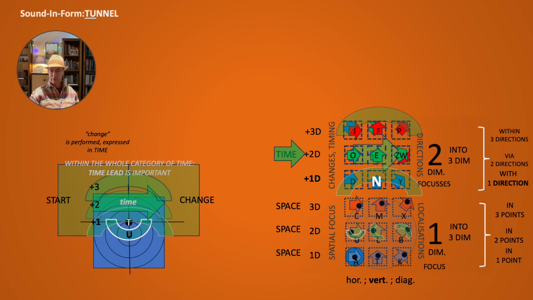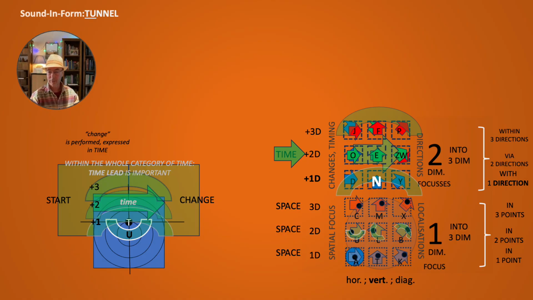But the reality will be that there will be changes happening. Those changes will happen at a certain time, even with D and Y. You don't know yet where they will go to. It's just one step towards a timing process. The timing will be there. The time leads will be the lead of this category.